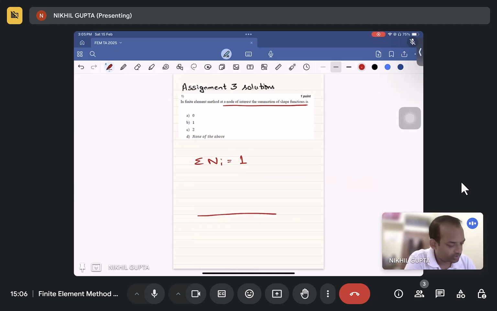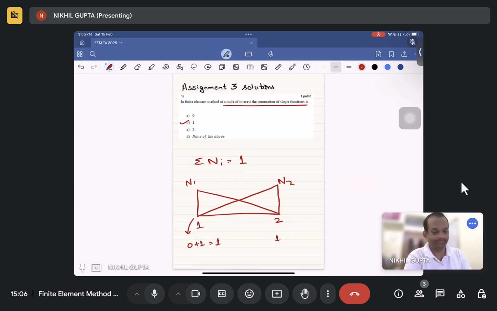How it happens: let's say this is node 1, this is node 2. So N1 will follow this and N2 will follow this. At this node you see 0 plus 1 is 1. At all nodes it will be equal to 1 only. So the answer is A. No, the answer is B, that means 1.